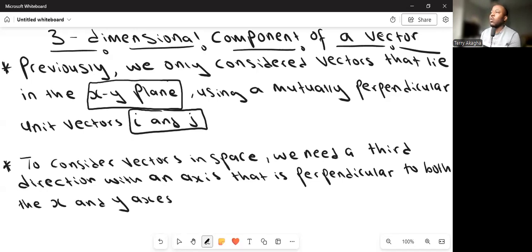So we need a third direction that is perpendicular to both the x and y axis, and this is what we call the z-axis.